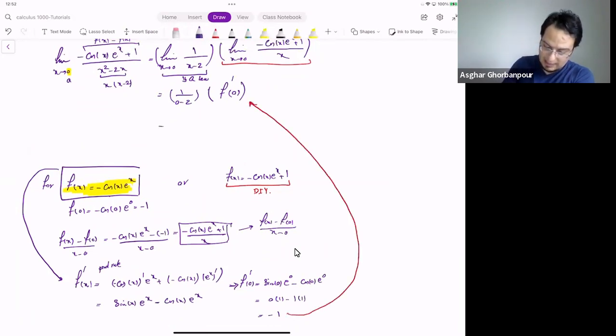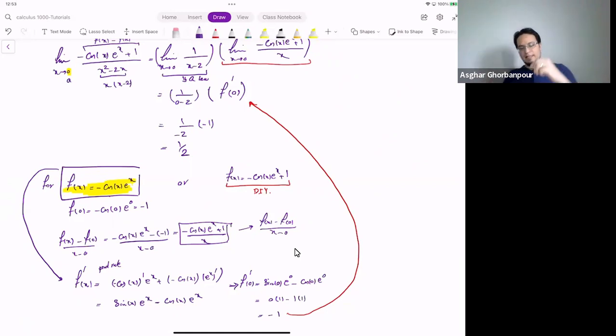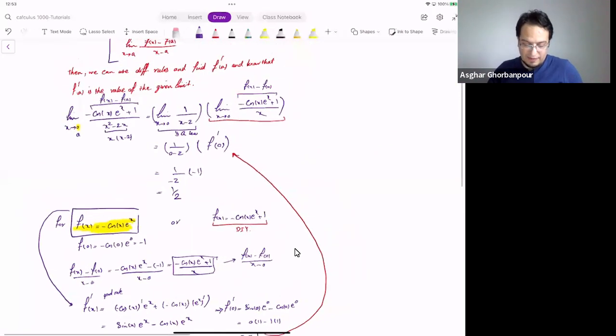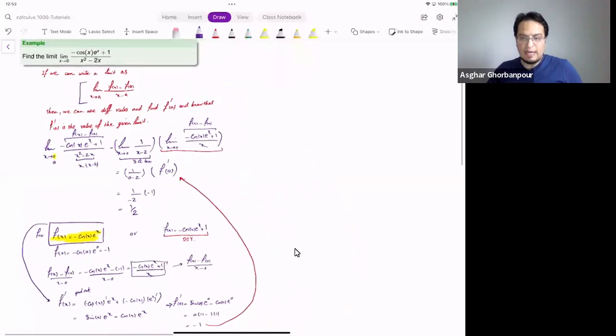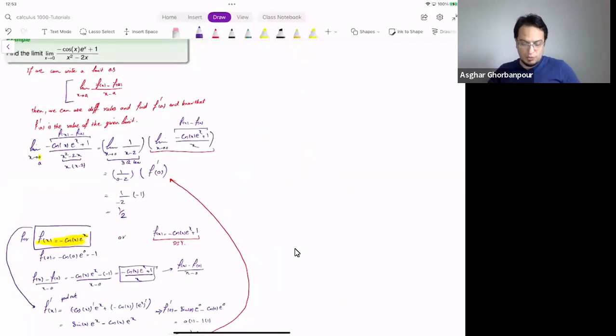Since I already have that, I know that now I have the value of the limit. And that's how I use the differentiation rules to evaluate some nice limits.